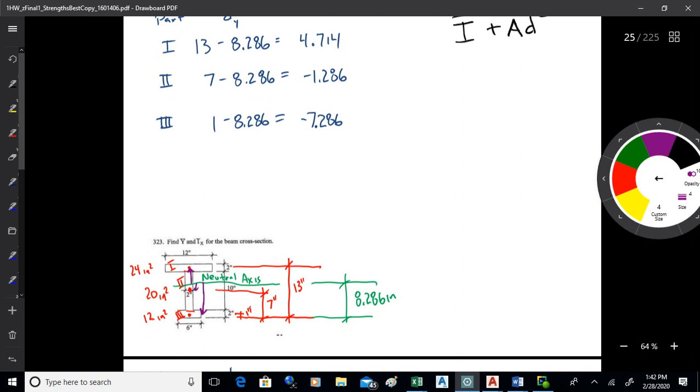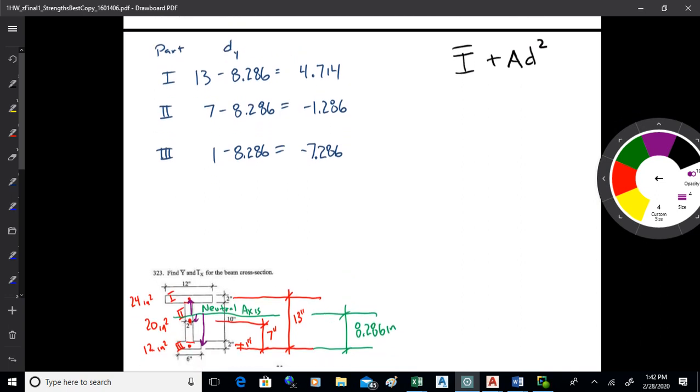So what I'm doing there is taking the height of the centroid of each one of the pieces and subtracting off the neutral axis dimension, and that gets me the offset distance, which I call D. Calling that dy there, not like a calculus dy, I just mean a distance measured in the y direction. Okay?